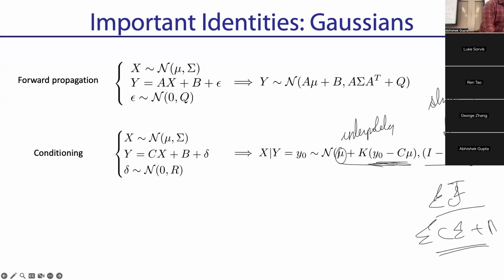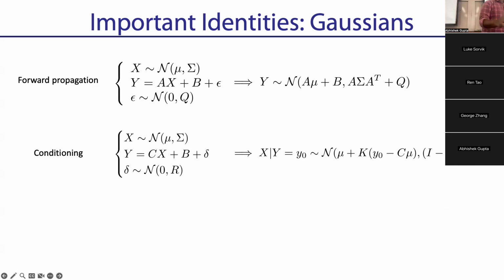We'll get into the details of it, but you can think of it as something that tells you how much you should trust Y as a measure of X. So if K is small, that means you really shouldn't trust Y as a measure of X. If K is large, that means you should completely trust Y as a measure of X.